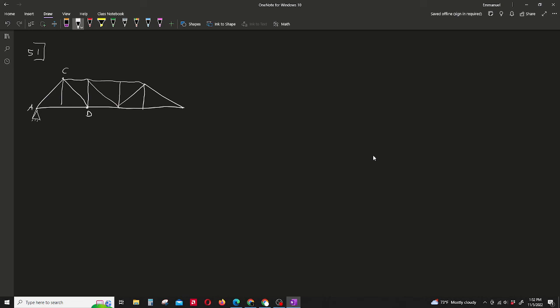This is B with a roller support. Got some dimensions here. It's 4 feet. This is 5 bays at 3 feet, which gives us a total of 15 feet from end to end on the horizontal X. Then we also got a vertical load here of 100 kips.